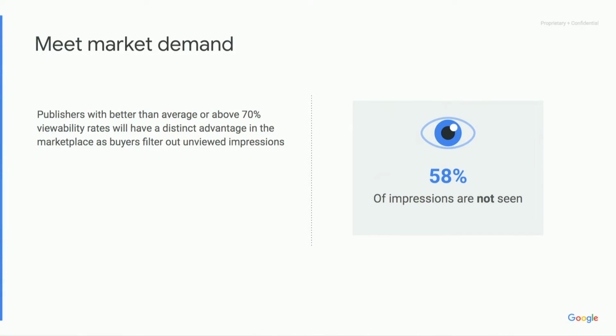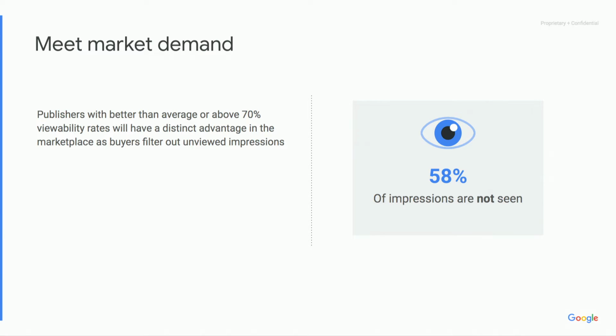Viewability can also help you tap into a strong demand source. Right now, only 42% of impressions in the marketplace are being seen, which means 58% of the market is made up of impressions that are not seen. Since last year, the percentage of viewable impressions rose by 2%, from 40% to 42%.